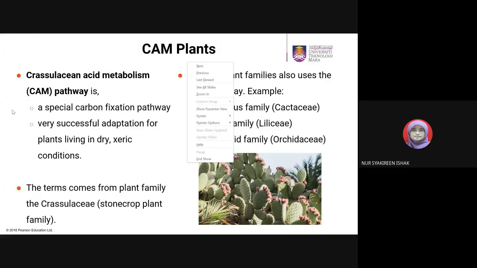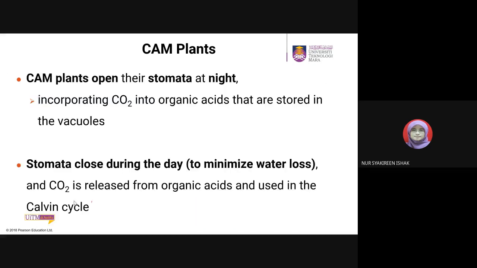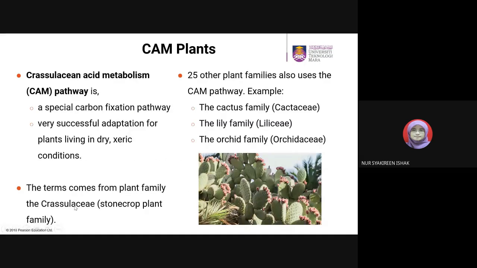So for CAM plant, CAM stands for crassulacean acid metabolism pathway. Dia punya nama berasal daripada family Crassulaceae, a stone crop family that lives in hot areas, in deserts.